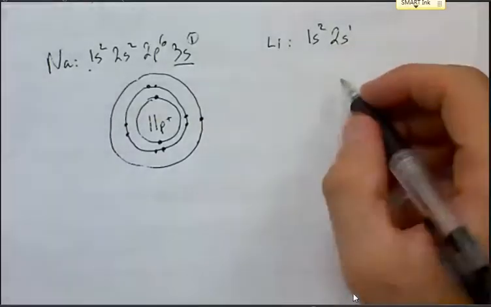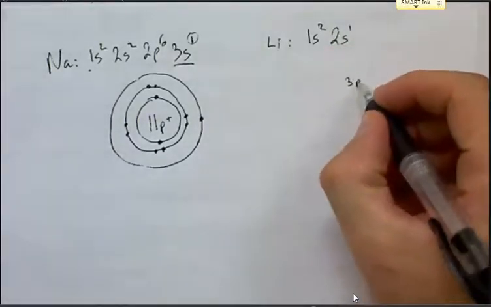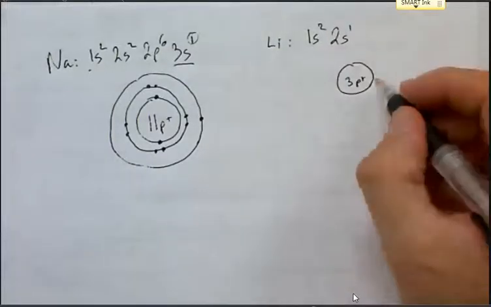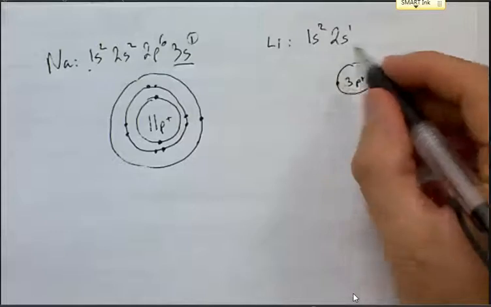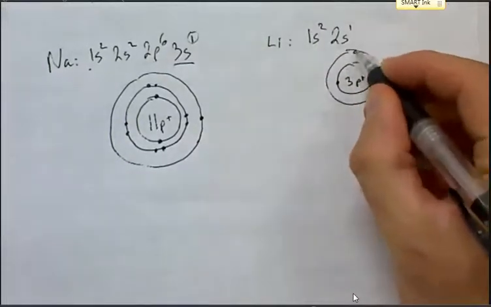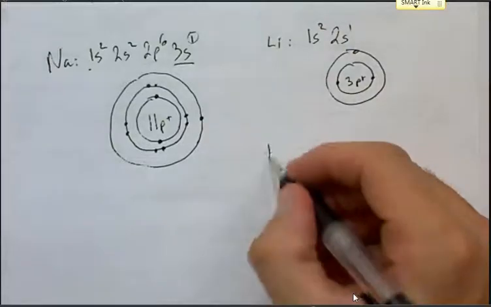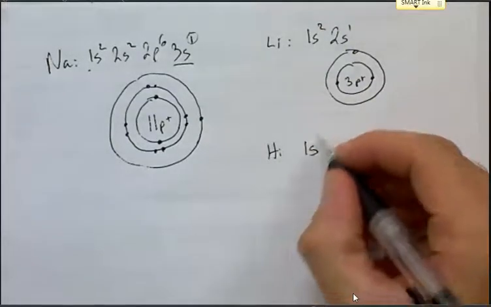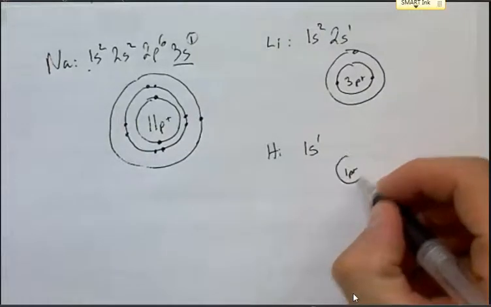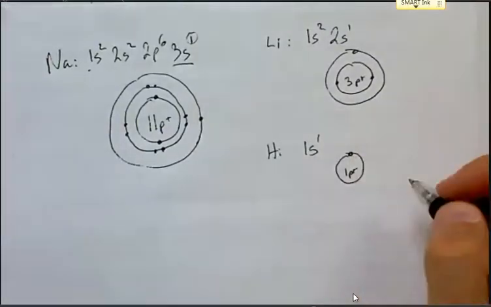And if we were to draw a picture, it's got 3 protons. At the first energy level, it's got 2 electrons, 1, 2. At the second energy level, it's got 1 electron. For hydrogen, it's got just 1s1. So it's got 1 proton and 1 electron in its outermost energy level.